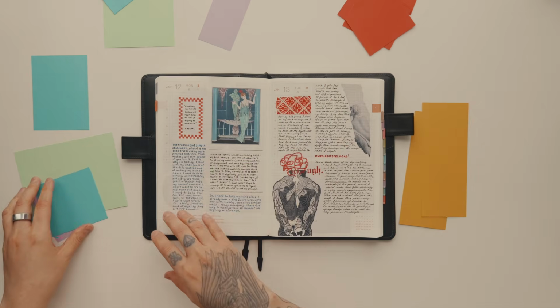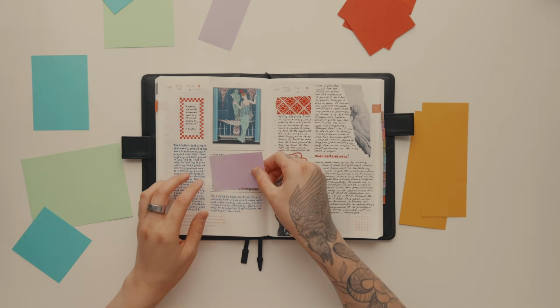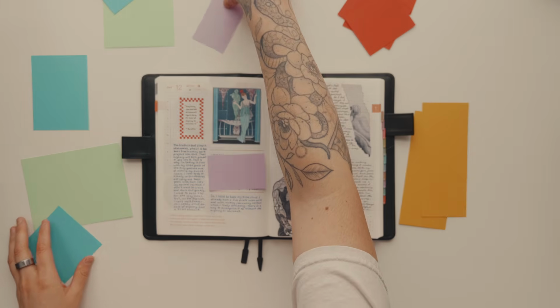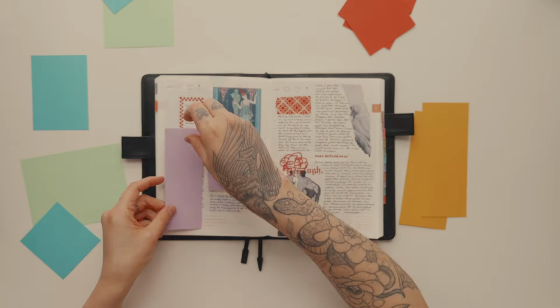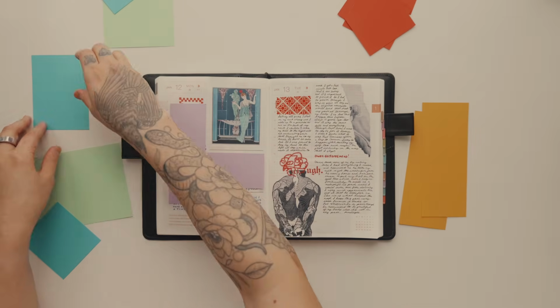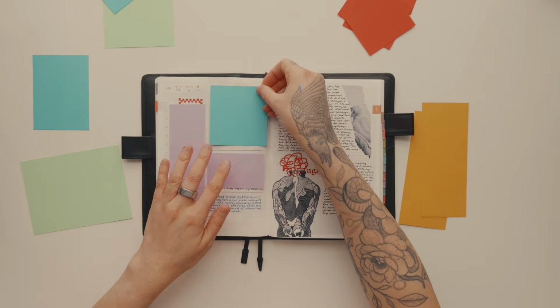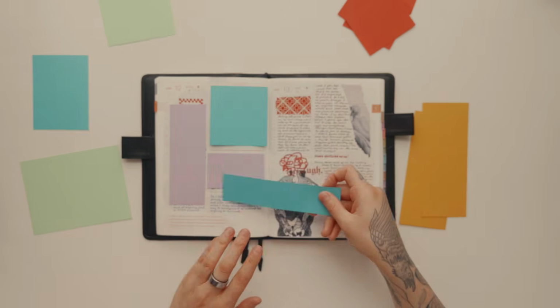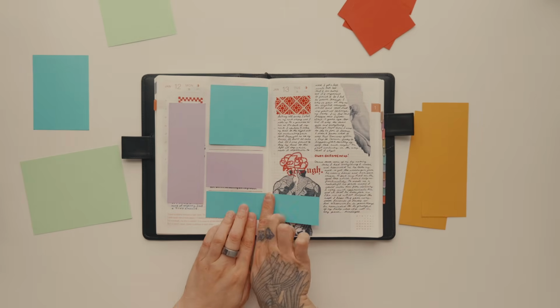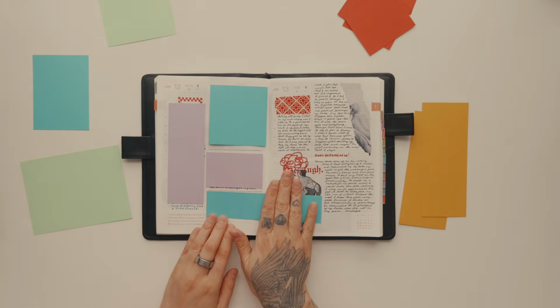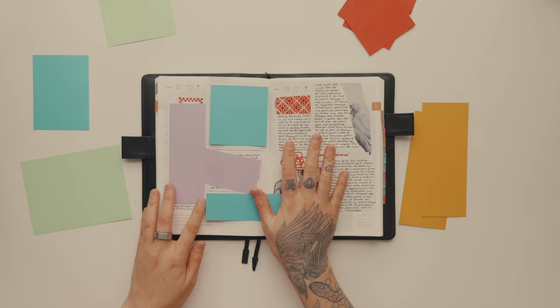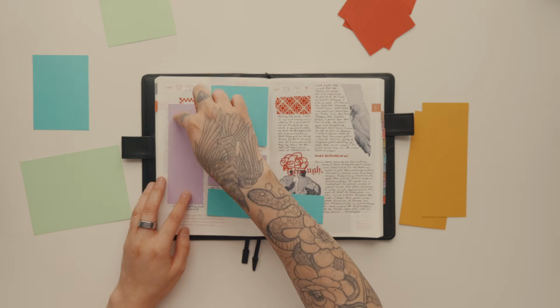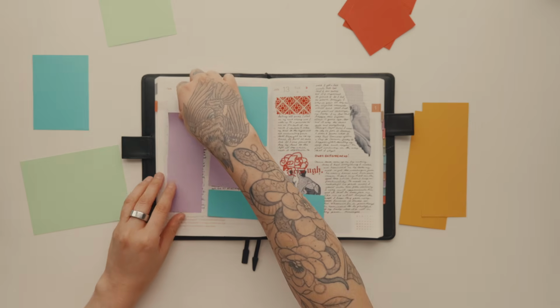Oh, here's another one. I don't think I have the right cutouts for this, but kind of that, and that. Alright, this one isn't cut obviously, but that's how I would define this one's structure. And it might even actually be two different pieces here.